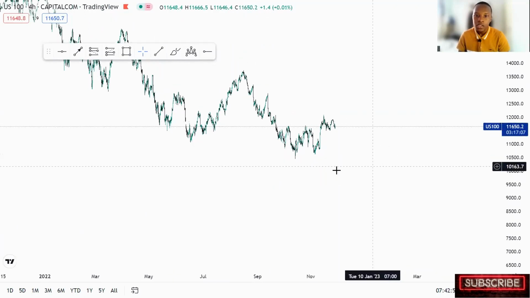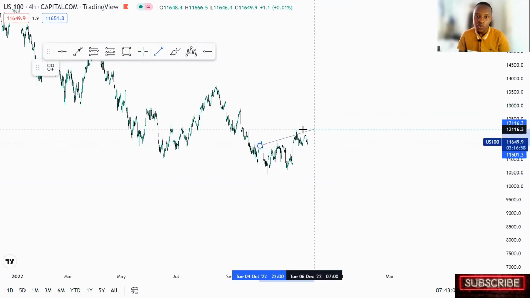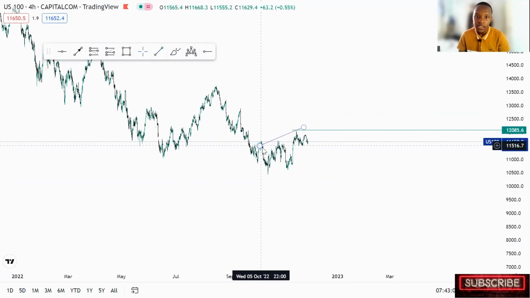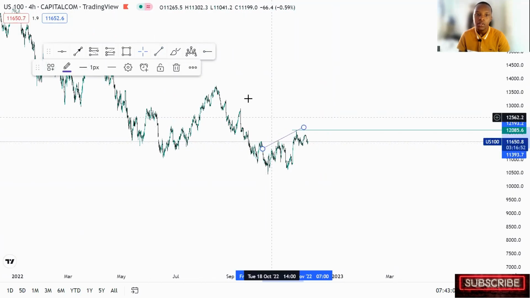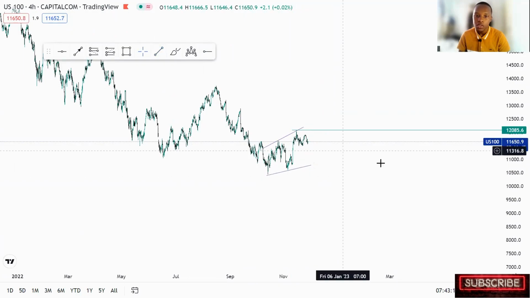So on NASDAQ, I have that high over there. And then we have this corrective structure. I don't know if you would remember it from past analysis, right? So we had that trend line at the top here, and then we also have these two touches at the bottom. But as you can see, it's not that clear here.